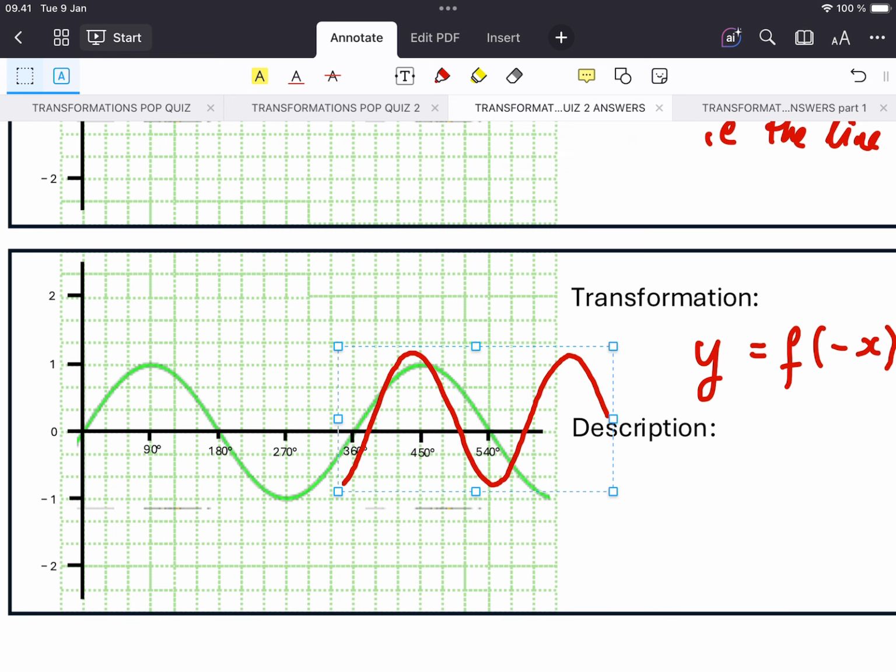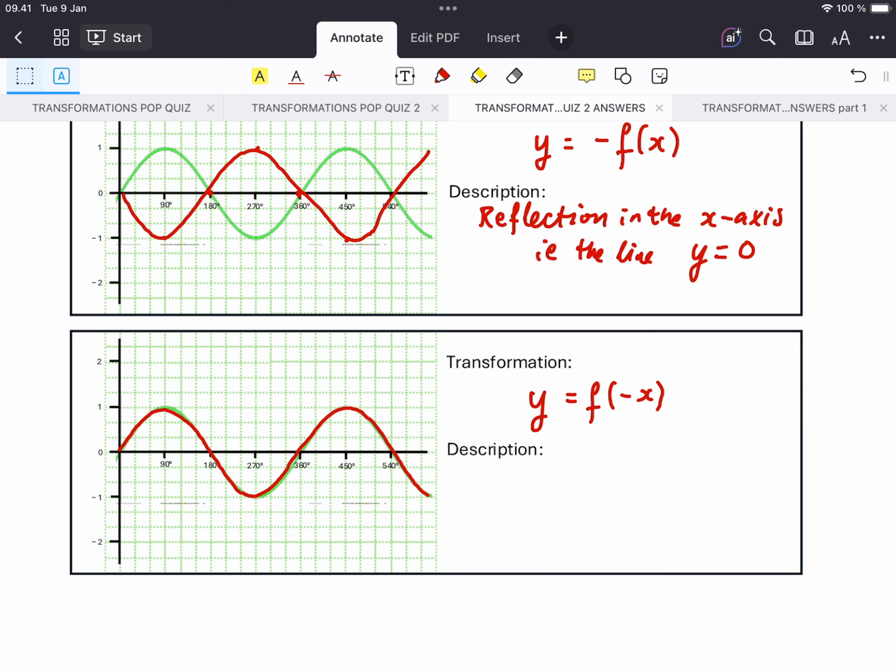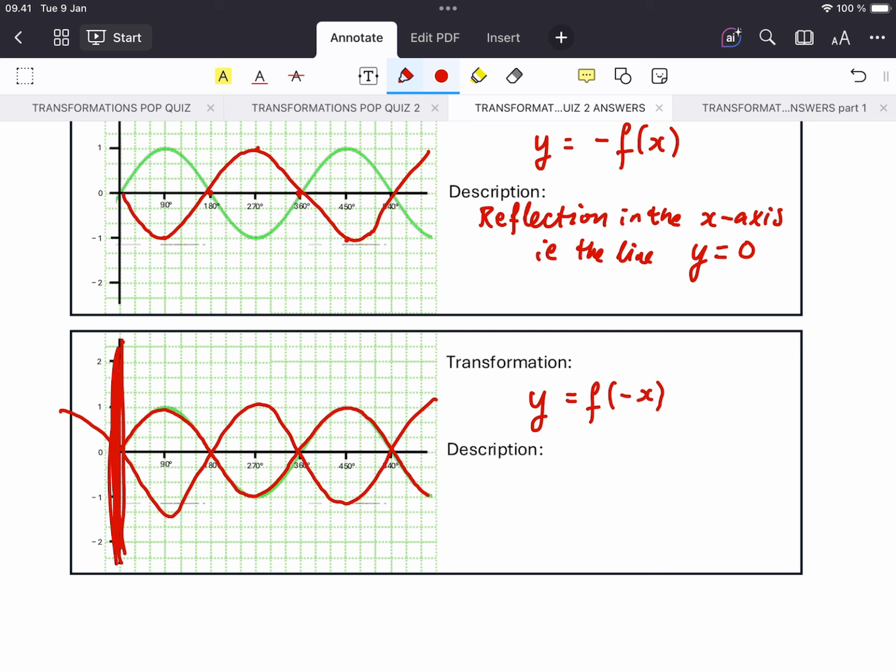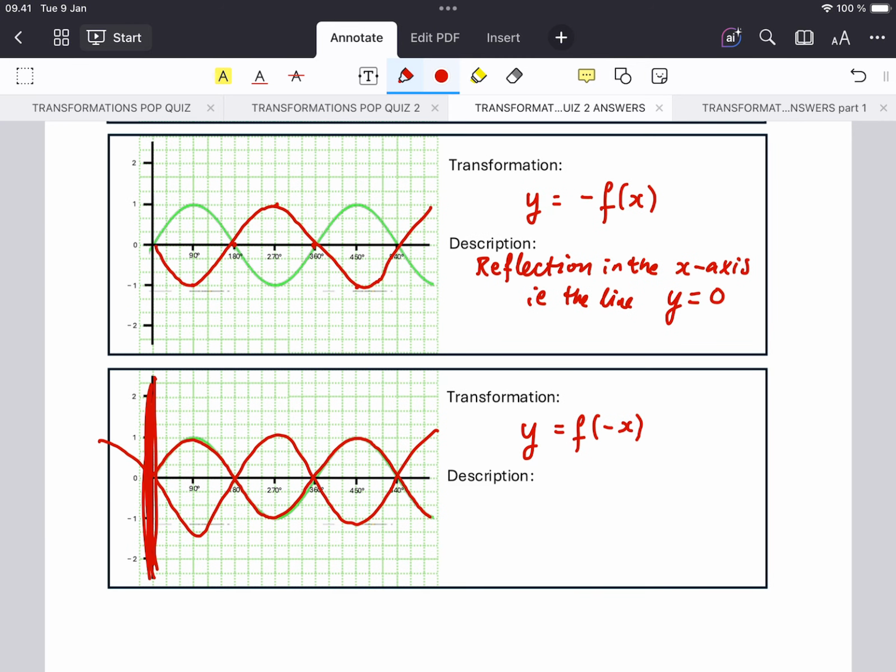I can't quite get the thing to fit on, unfortunately, but it's going to be a reflection in the y-axis. So it's going to be a reflection in that line, so it's going to sort of go up there. But then, of course, the sine graph carries on forever in both directions anyway. So it's actually going to look the same as the reflection in the x-axis.